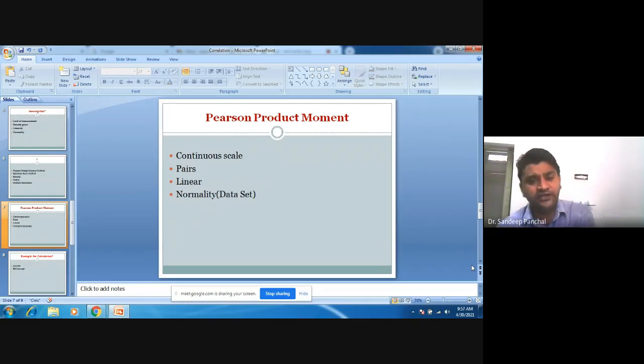What is the meaning of continuous? Continuous means we can divide the variable into smaller units. Let's have an example of a continuous variable.